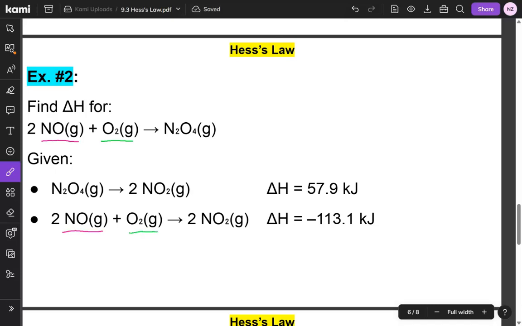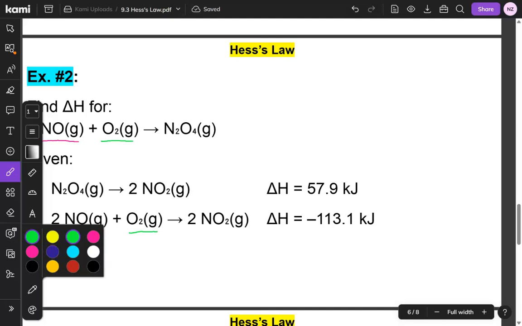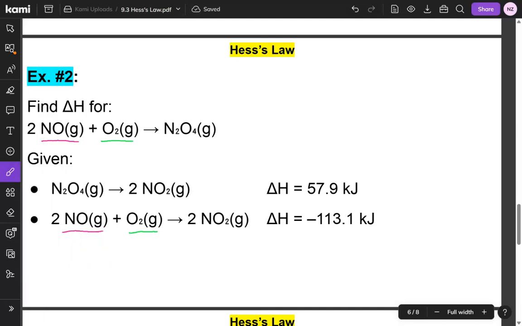Oxygen is in the second reaction, and oh, look at that, it's on the correct side. And then N2O4 is only in the first reaction, but it's on the incorrect side. So I'm going to need to flip the first reaction, and in doing so, it's going to add a negative to that first reaction's enthalpy value.